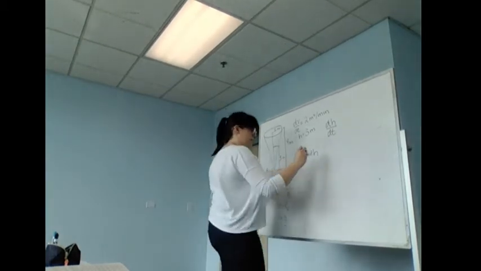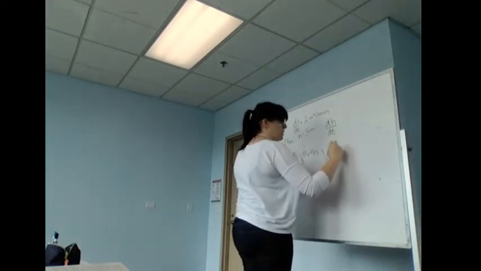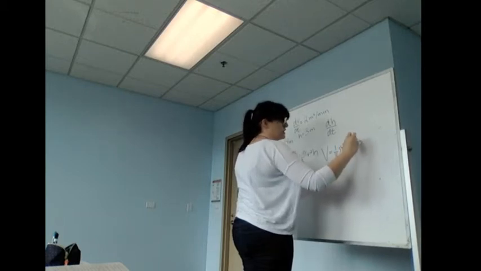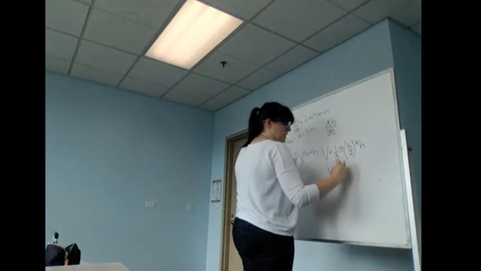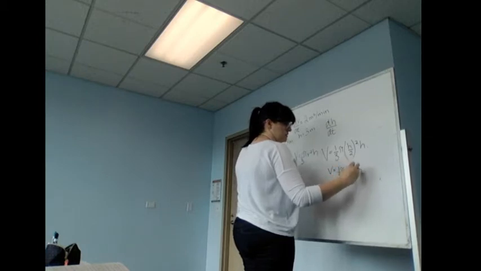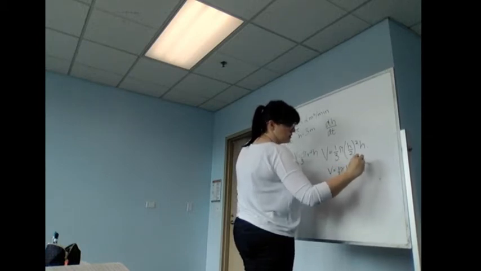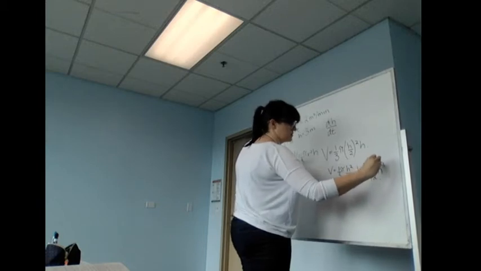So the volume equals 1/3 pi (h over 2) squared h. So volume equals 1/3 pi h squared over 4 times h, which is pi over 12 times h cubed.